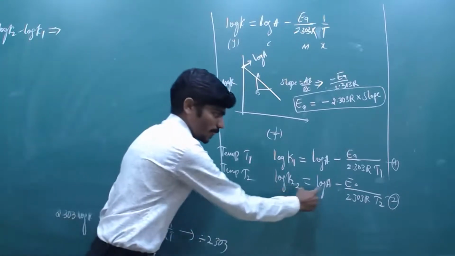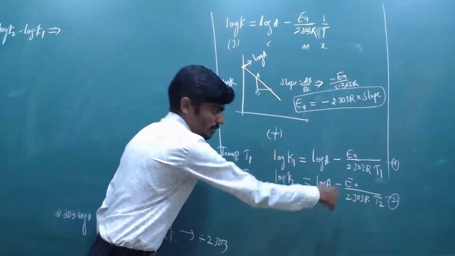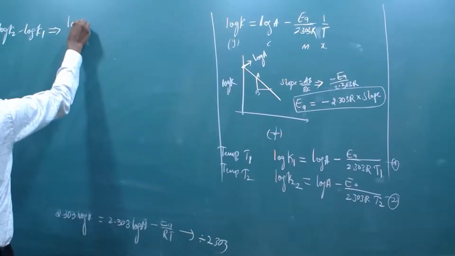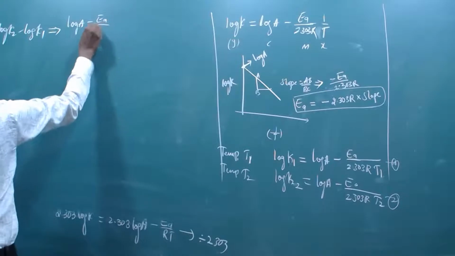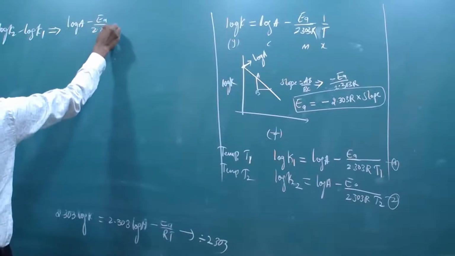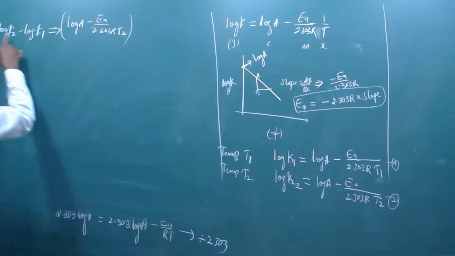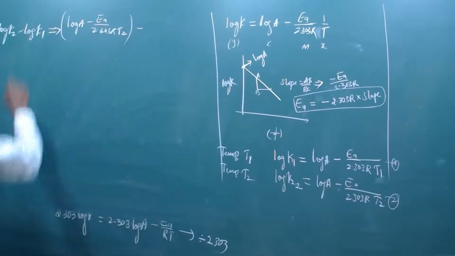Log K2 is nothing but log A minus EA by 2.303 R T2. This is the log K2 value. Log K2 minus log K1.